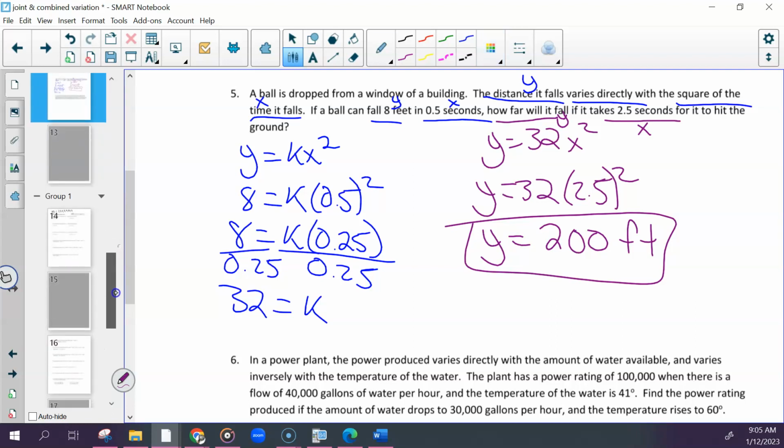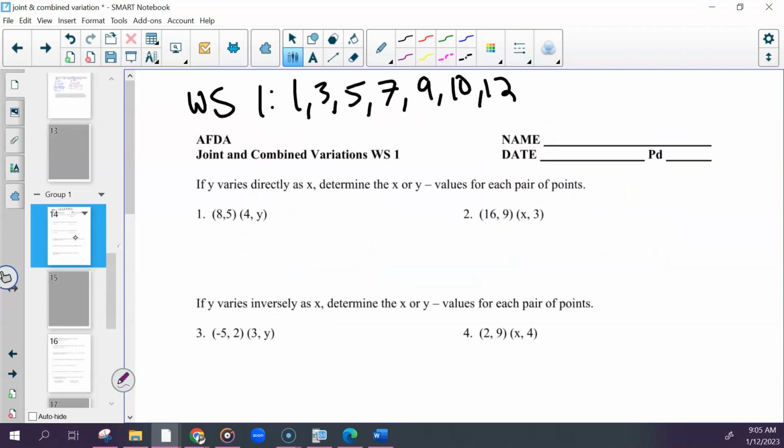Or on the very last 2 pages, circle these numbers or write them down so you have them to refer back to later. There are 2 worksheets. So on the first worksheet, you could do any of these numbers. You could do more than that, but these are the ones I'm telling you. So 1, 3, 5, 7, 9, 10, 12.